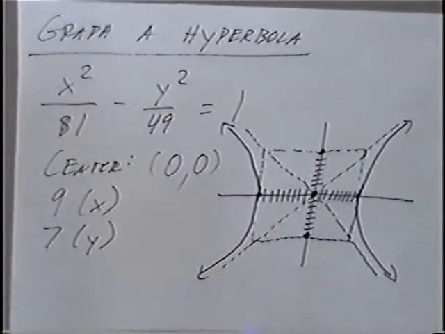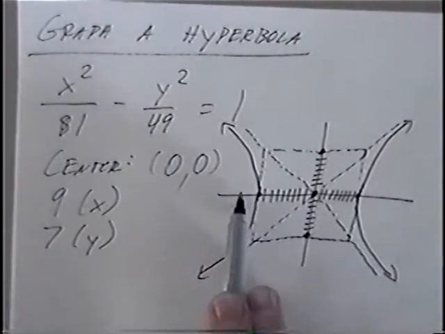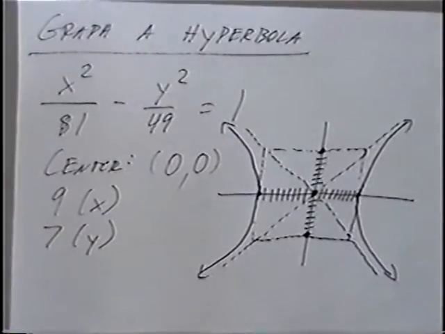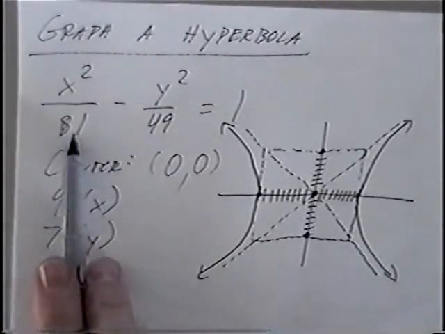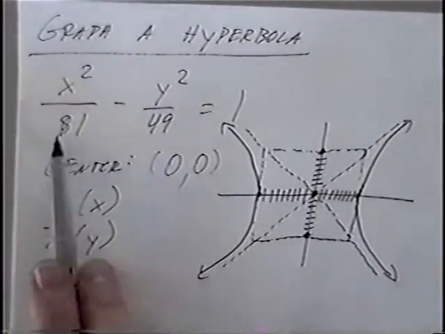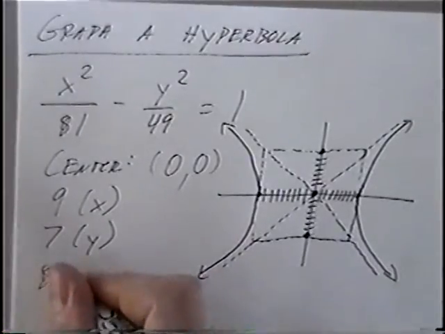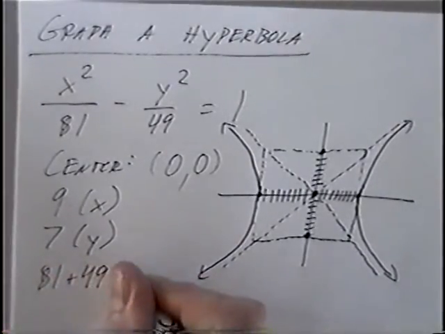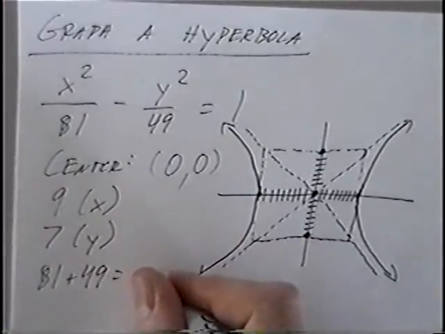The last part's the foci distance. For the foci distance, we'll have 2 points inside each of these parabolas. To find the distance, we'll add the two numbers we had before, a squared plus b squared. So 81 plus 49, that would be 130.